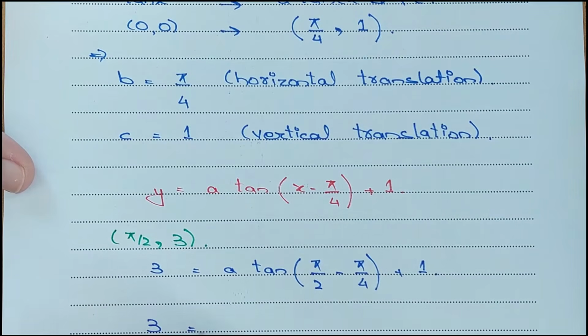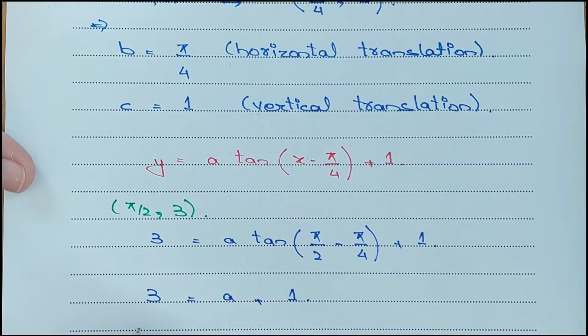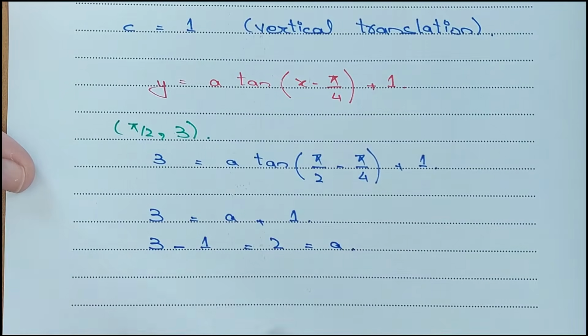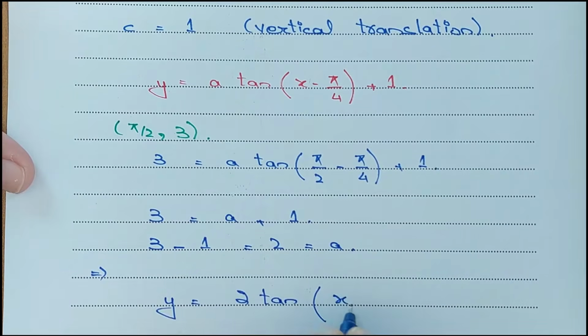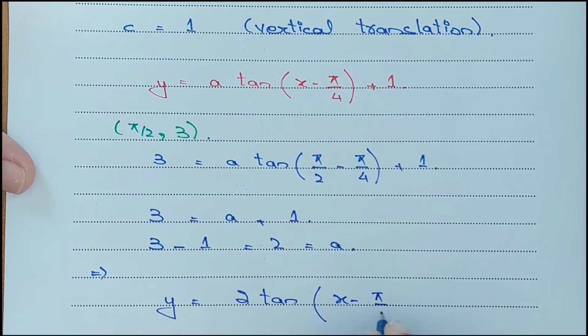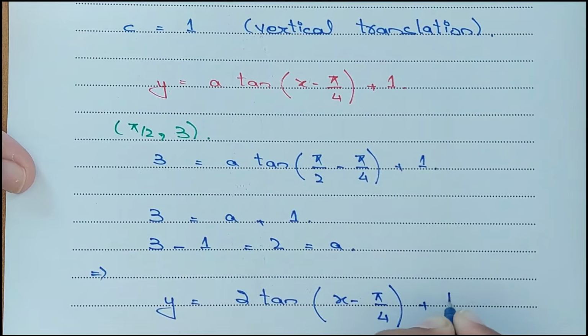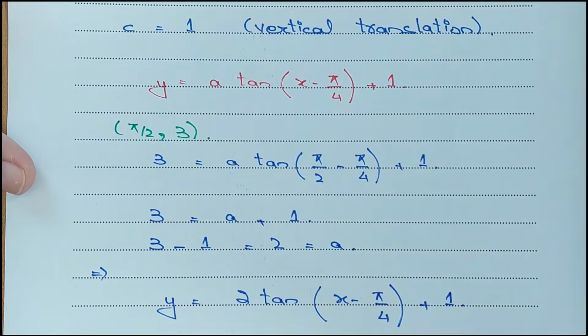So we have 3 equals a plus 1. To get the a value, we do 3 minus 1, which equals 2. This is the a value. So here we can say y equals 2 times tangent of x minus pi by 4, plus 1. So a is 2, b is pi by 4, and c is 1.